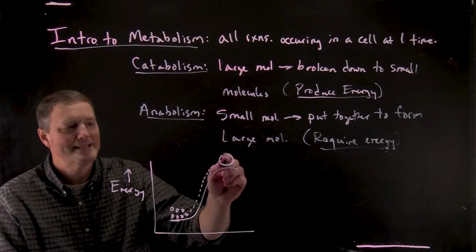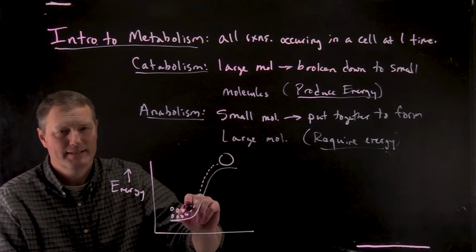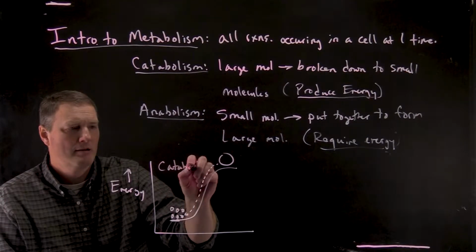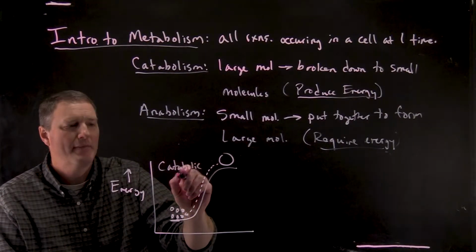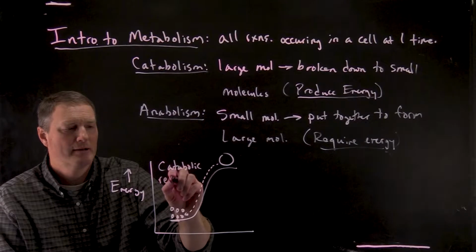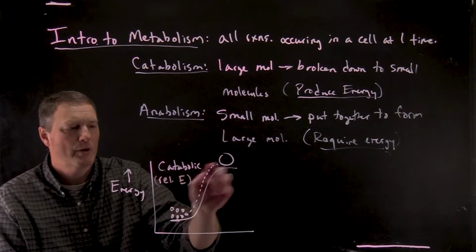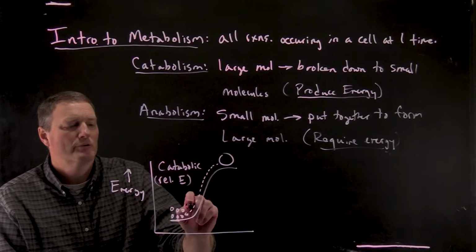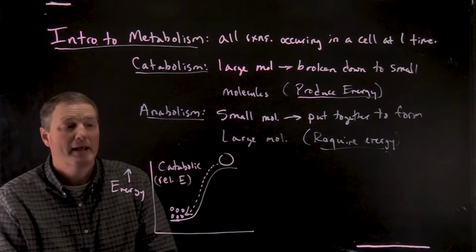Okay, so when you go in a downhill process like this, those are catabolic reactions. Okay, and they're going to release energy. So that's a downhill energetic process, going sort of in this downhill direction.